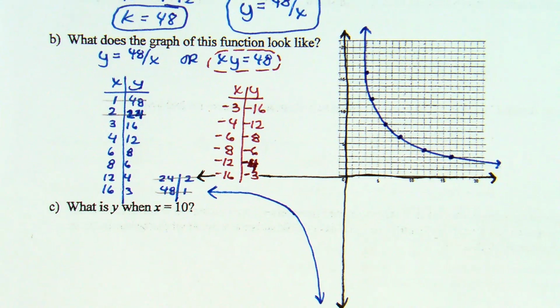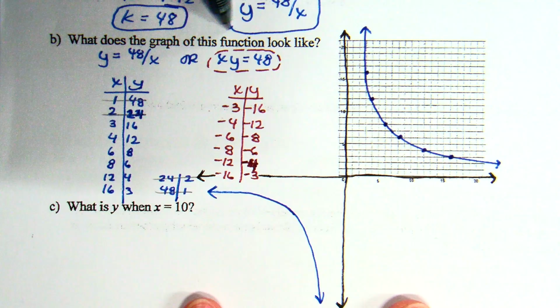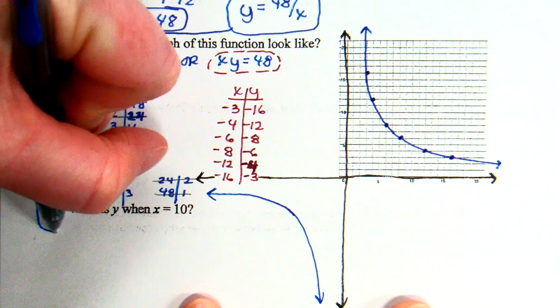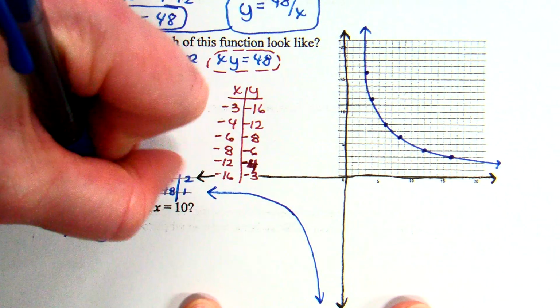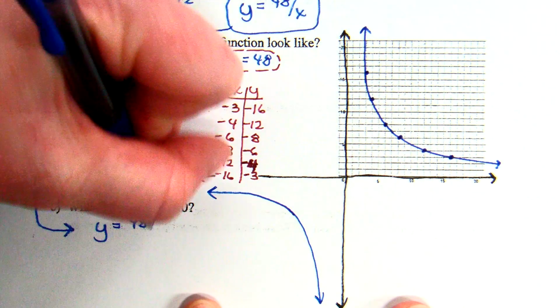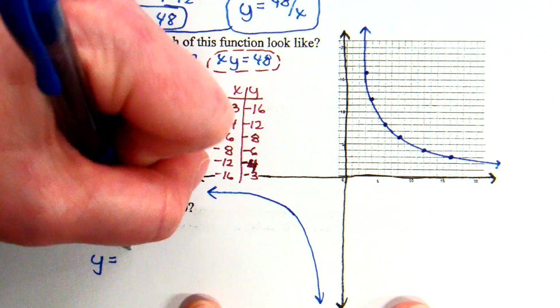Okay, real quick. C. What is y when x equals 10? How can I figure this out pretty easily? 48 divided by 10. Because up on part A, what did we do? We wrote an equation. y equals 48 divided by x. So y is 48 divided by 10.